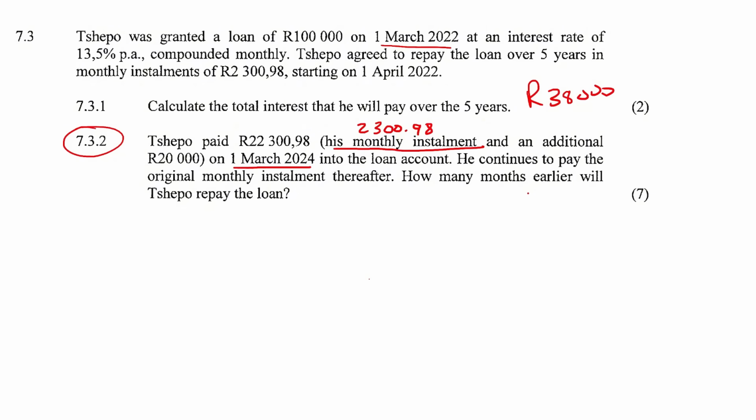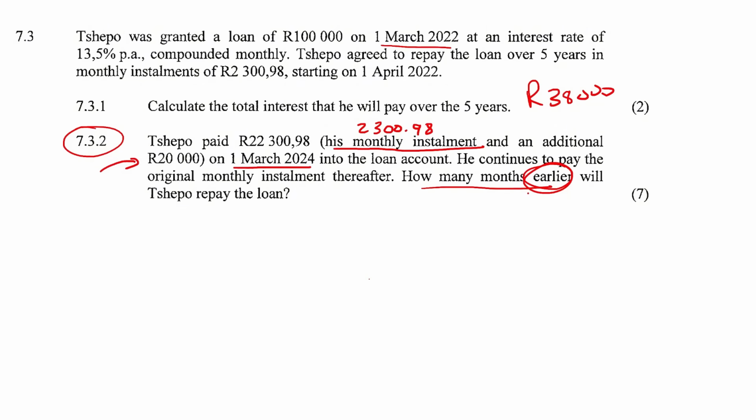So what they want to know now, knowing that he's just flexed his wealth and he's put down 20,000 Rand, how many months earlier will he be able to repay the loan? Because it's no longer going to take 5 years. Maybe it's going to take a little bit less time now because he took that 20,000 Rand and he just paid it immediately.